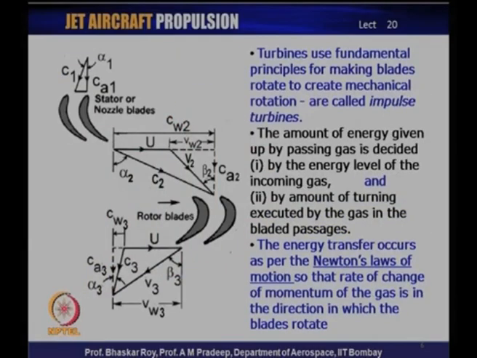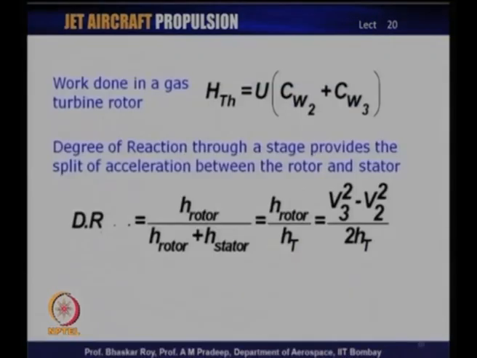Hence, we can say that u is representative of this particular section, and it stands to reason that u is variable from the root of the rotor to the tip of the rotor. Indeed, this entire velocity vector diagram that we are looking at is variable from the root of the rotor to the tip of the rotor. You need to reconstruct them every time you are looking at any section of the rotor or stator or the whole stage from the root to the tip of the stage.